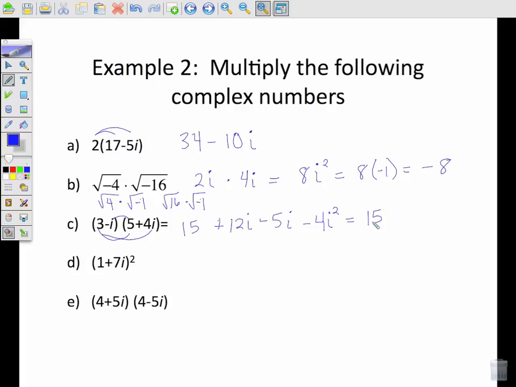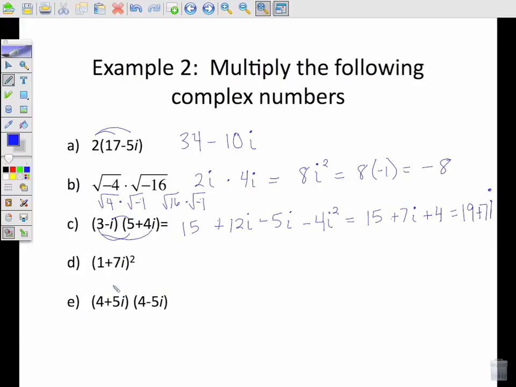So you have 15, plus 7i, and minus 4i squared would really become plus 4, because i squared is negative. Final answer is 19 plus 7i. That's how you're going to write it, in the complex form.